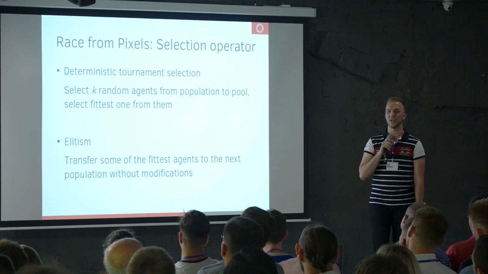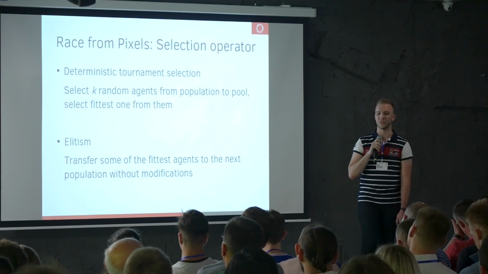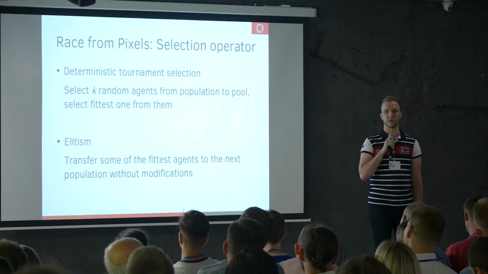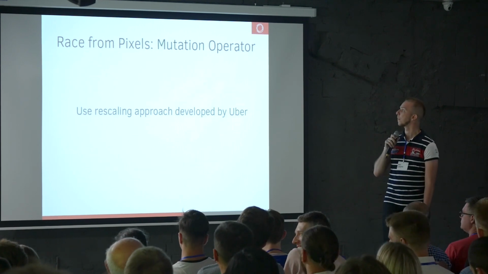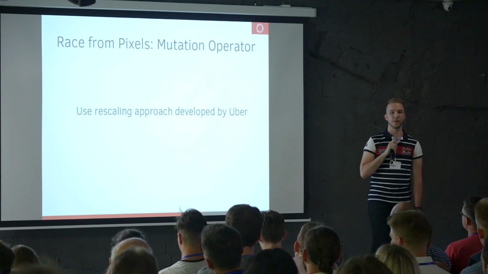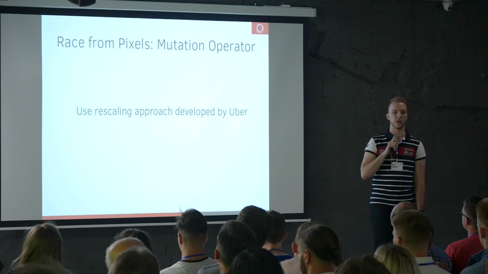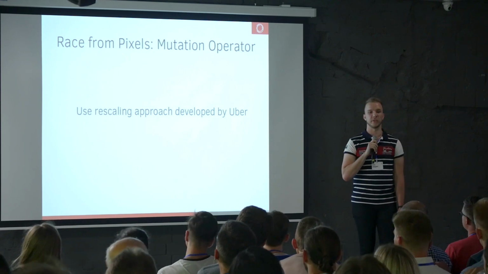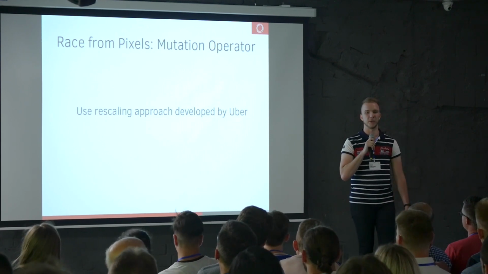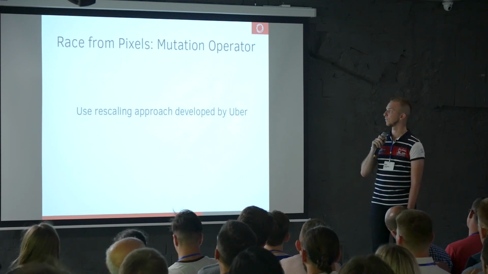And also we have elitism, like Caesar's loved ones, and they go to the next round without changes and without selections. They're the fittest. For the mutation operator, we use safe mutation through rescaling from Uber Neuroevolution, but it was modified with binary search instead of linear search for speed. So we make a binary search for divergence.